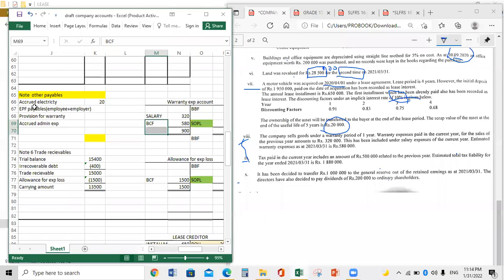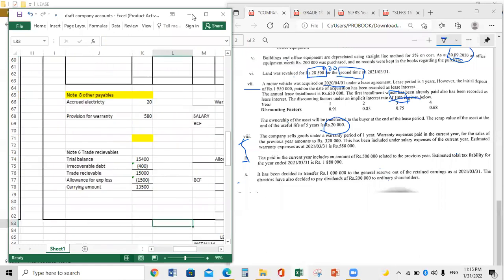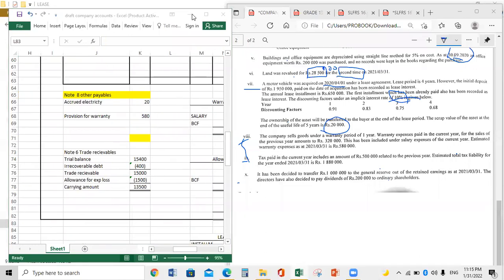It's a current liability. So record that under the other payables note, which is note number 8. Other payables, warranty provision, 580. So we are done with the warranty.